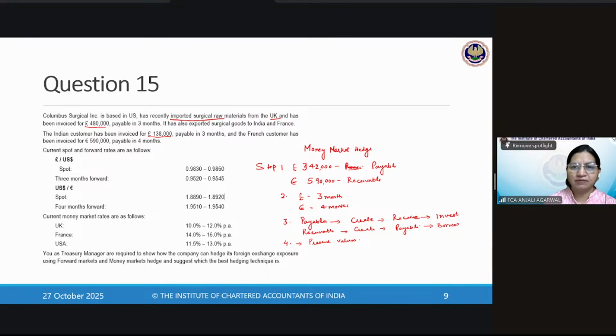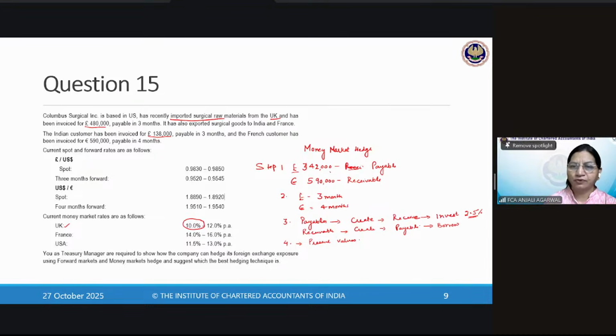You will invest in which country? Pound. So you will invest in UK and the investment will give you a return of 10%. So you will invest the present value of 342,000 after 3 months at 10% per annum. So for 3 months, the rate of interest becomes 1/4 of 10%, 2.5%.